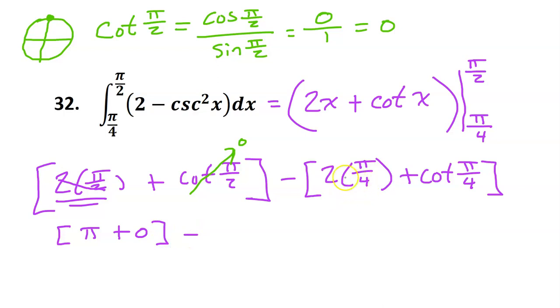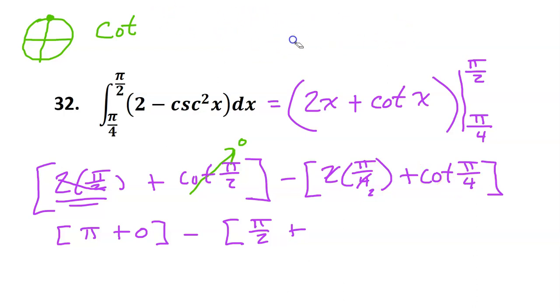Okay, now pi over 4 times 2, the 2 goes into 4 twice. So that's going to leave me with pi over 2. What about the cotangent of pi over 4? Well, pi over 4 is this sort of 45-degree angle right here. Here's pi over 4.